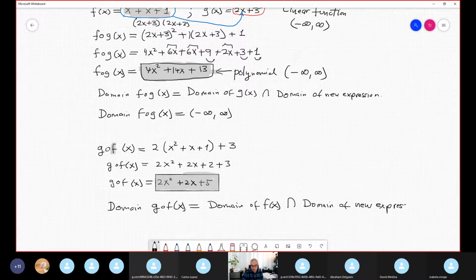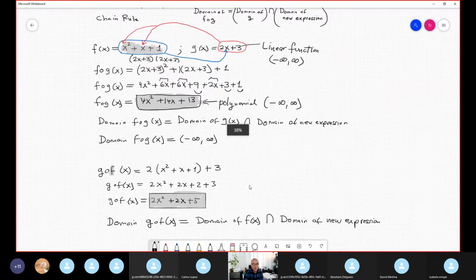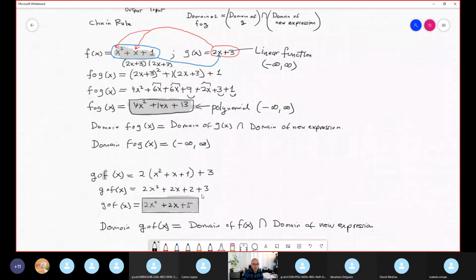Entonces, in this case, the domain of F, look, this is the F function. And this is a polynomial, or real numbers, is the domain. And the new expression is another polynomial, or real numbers.